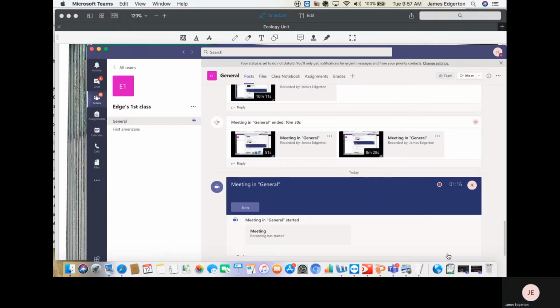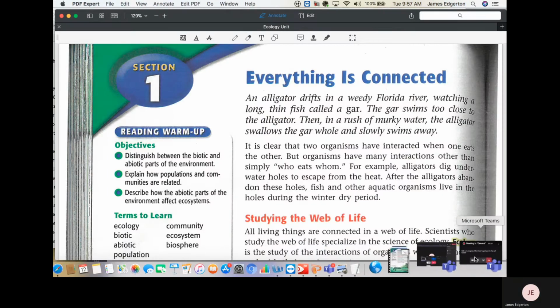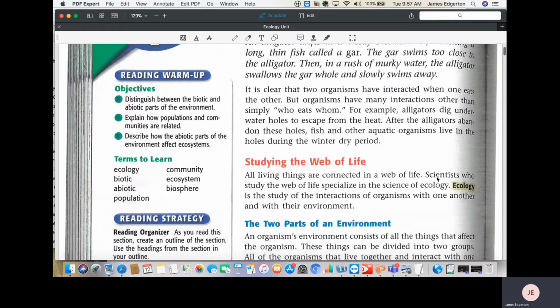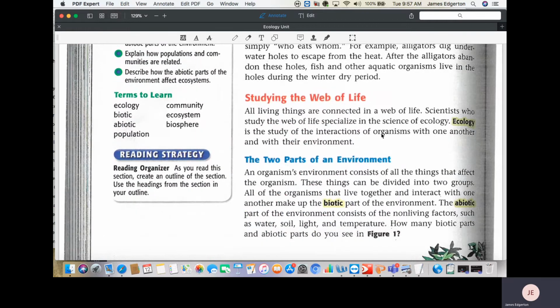Ecology is the study of life on Earth. And here's the textbook. We didn't use the textbook much in class in the first semester. I think we're going to start using it some more, just to give you guys more of a reference point.